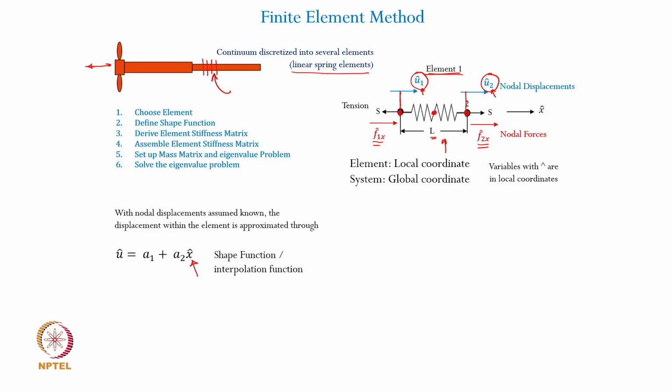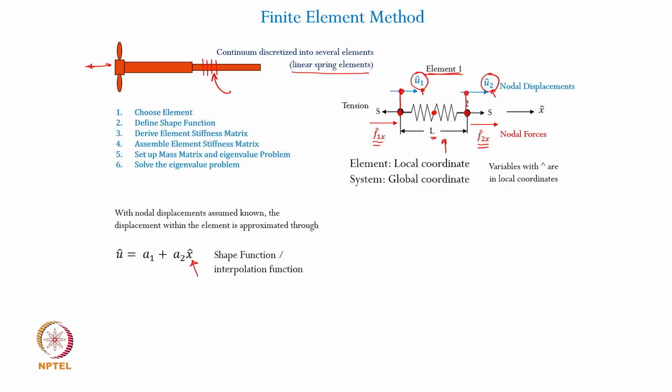a1 and a2 are arbitrary constants, and we have to find out what they are. If I use the end conditions, I can get a1 and a2 completely defined, provided I know the values of the nodal displacements at the two node locations.